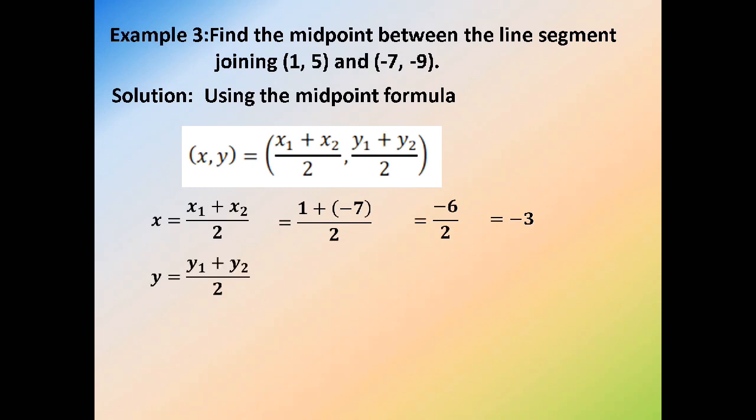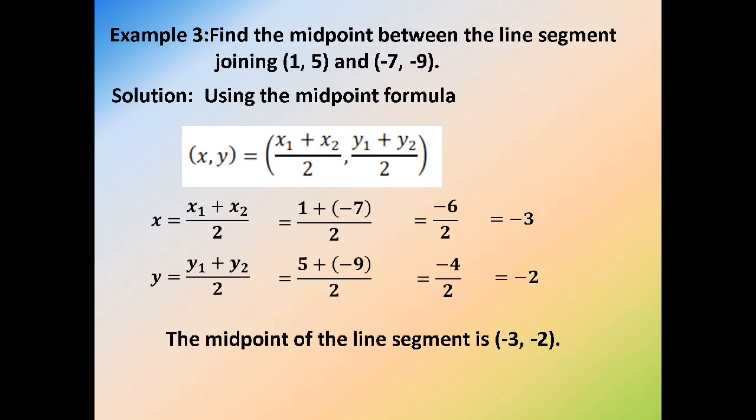For y, we have y sub 1 plus y sub 2 all over 2, that is equal to 5 plus -9 all over 2, that is equal to -4 over 2, and that results to -2. So therefore, the midpoint of the line segment is (-3, -2).